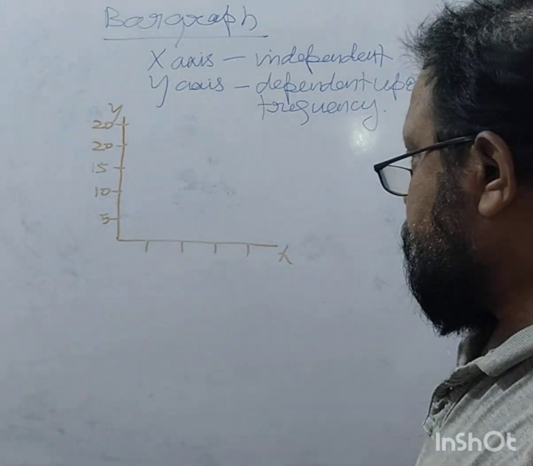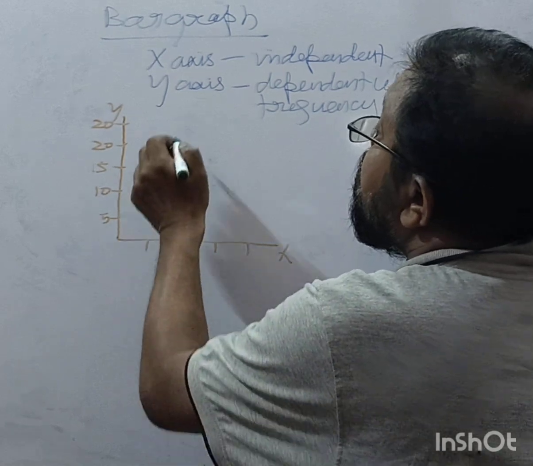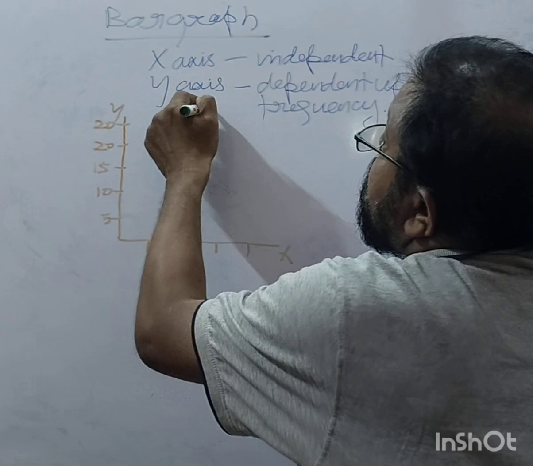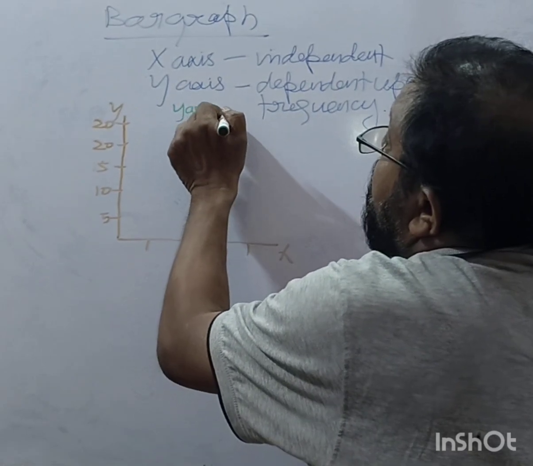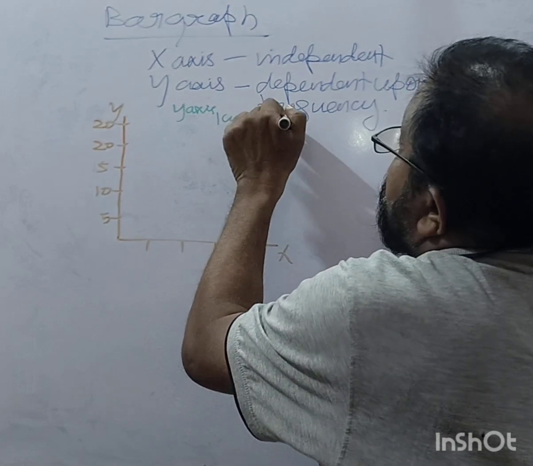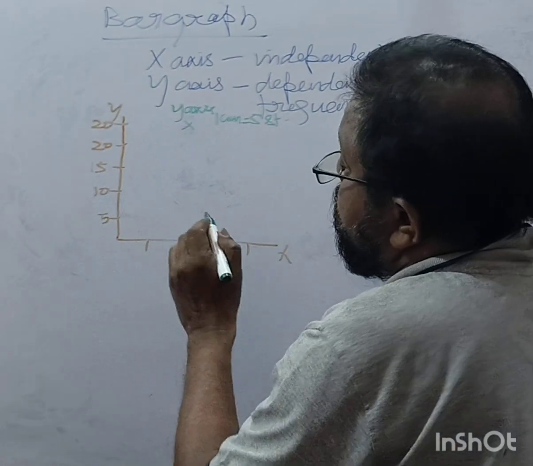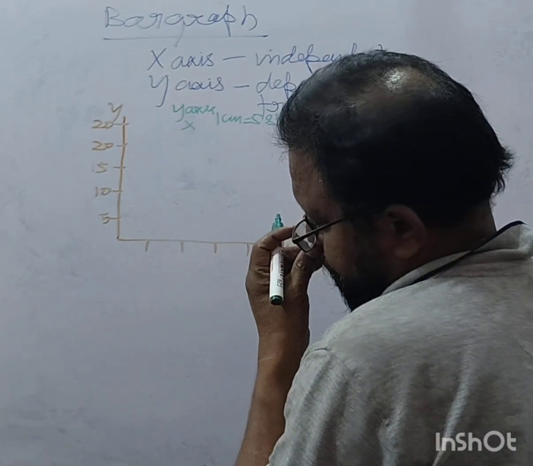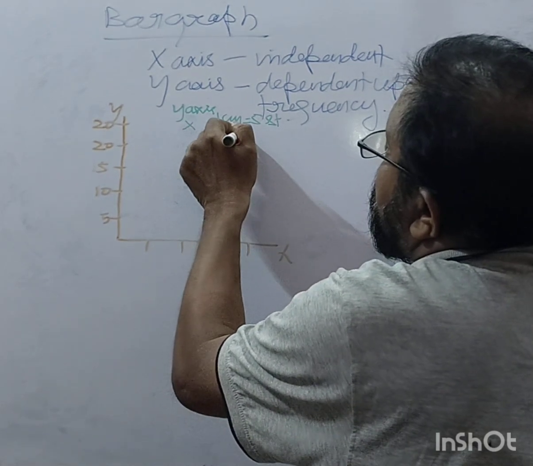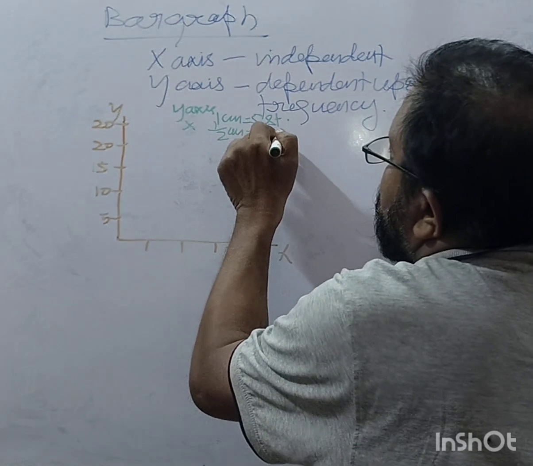Say this is the scale. On the y-axis, 1 centimeter is equal to 5 students, and on the x-axis, half a centimeter is equal to 1 object.